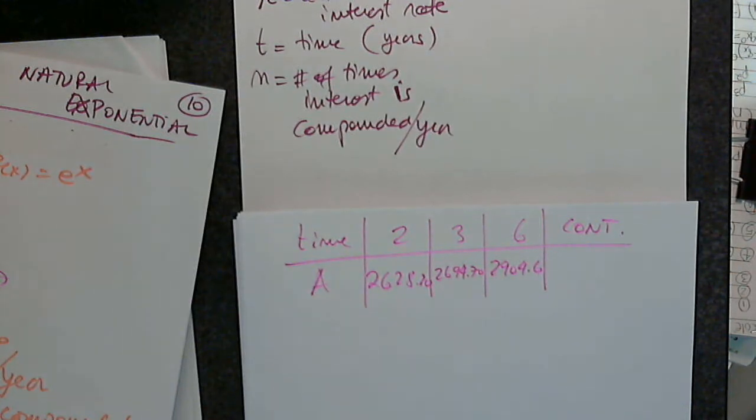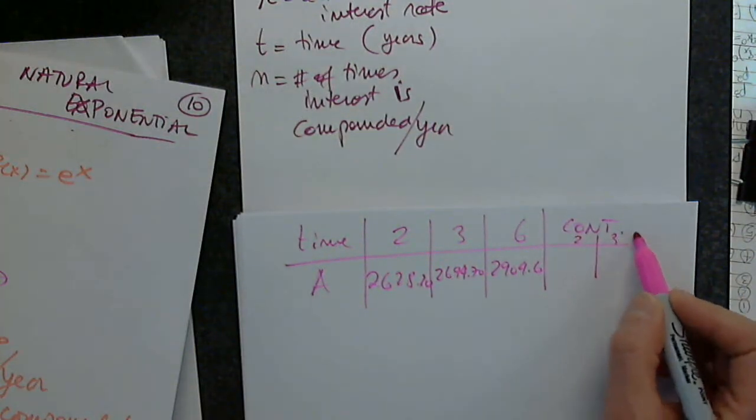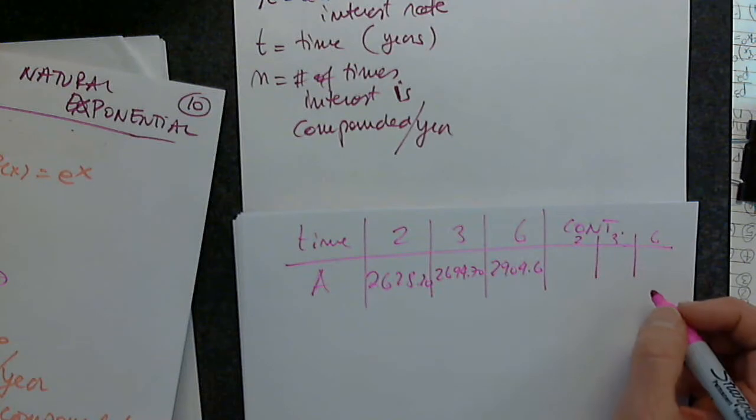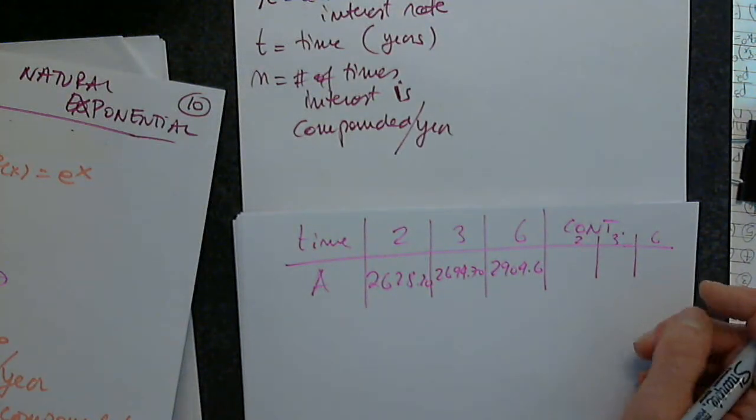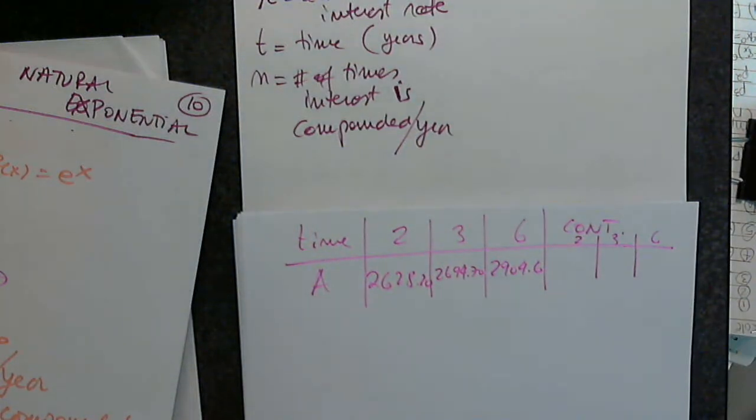I don't have to do anything because I already have it. So for continuous, with 2, with 3, and with 6, I got 2628.20, 2694.70 and 2904.6.